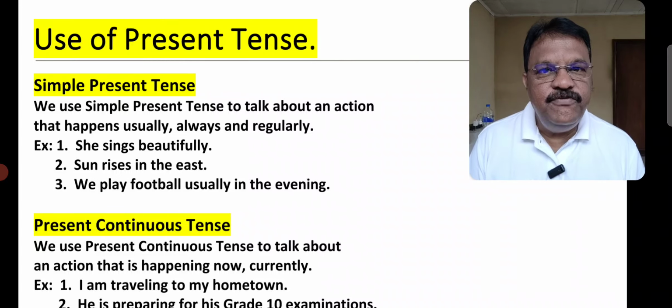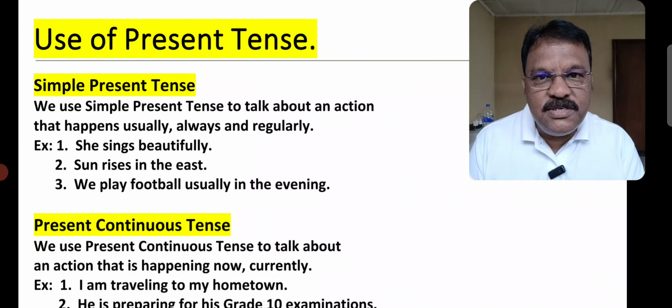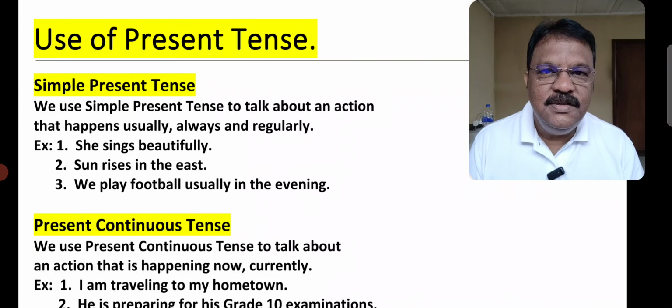My dear friends, when we talk about tense, we mean time. When we mean time, we don't mean the time that we look at on our wall clock. We don't mean the time that we watch on our wristwatch.